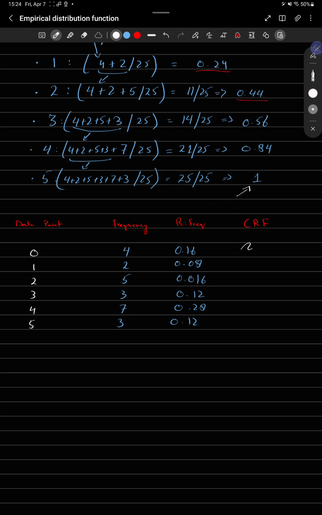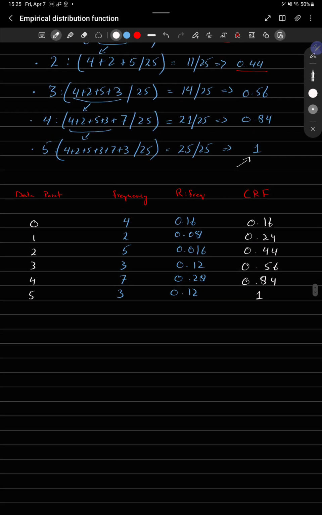If we write like this, for first we had 0.16, it was the same, then we got 0.24, then we got 0.44, then we got 0.56, then we got 0.84, and in the end we got 1. So this is finished. This is the answer for question 1.